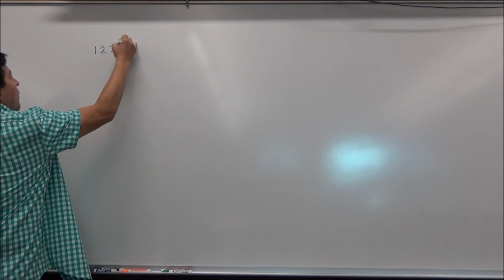And the way it happens, so let's say I have, let's pick a number. 1, 2, 3, 4, 5. And what's that number in binary?